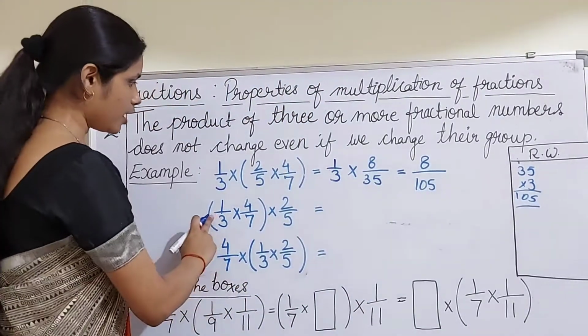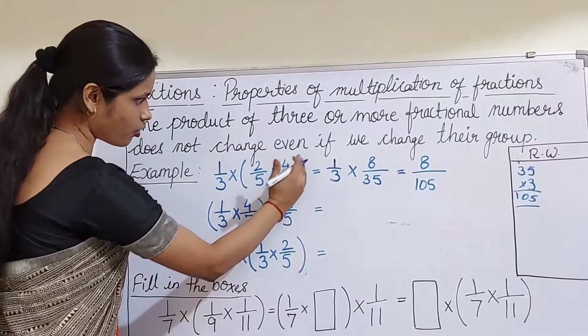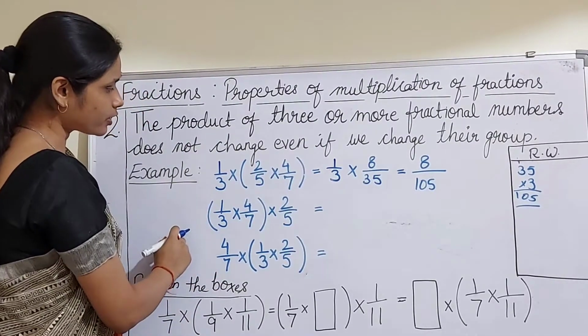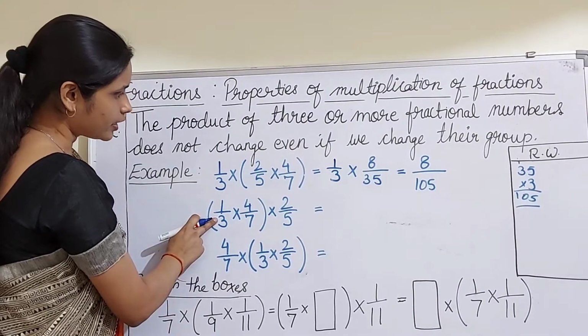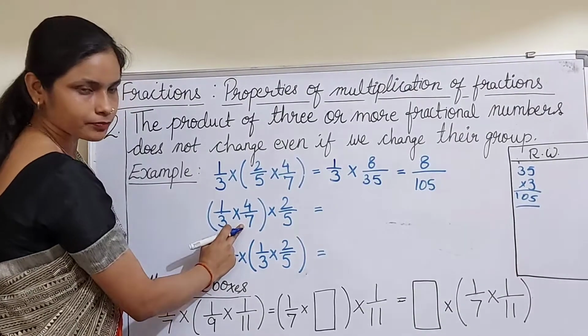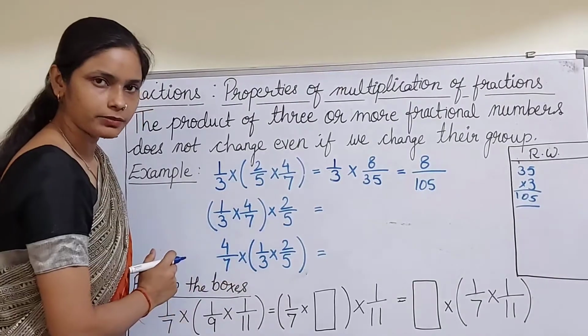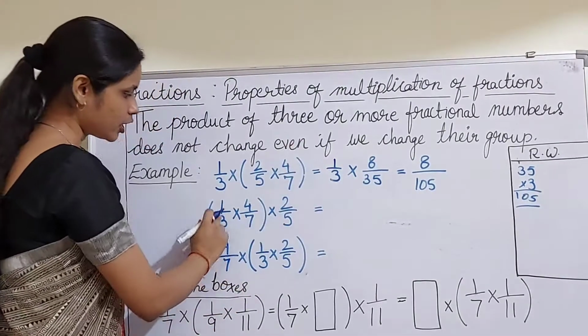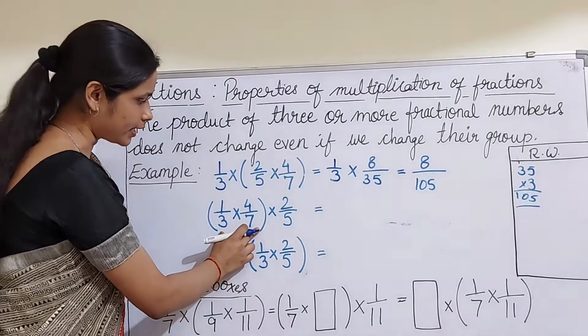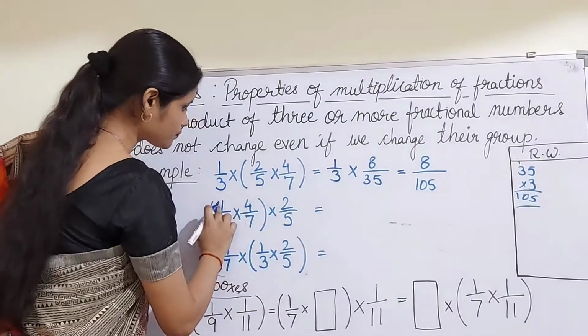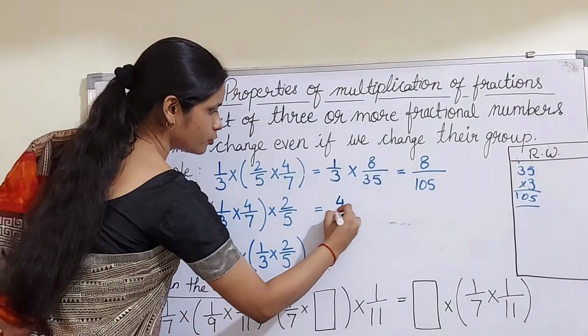Now let us change the grouping of the multiplication and then find the product. This time I have taken 1 by 3, then 4 by 7, both in the bracket, and 2 by 5 is outside of the bracket. Let us solve this. First we have to solve the bracket. In the numerator we have 1 multiplied by 4, that is 4.